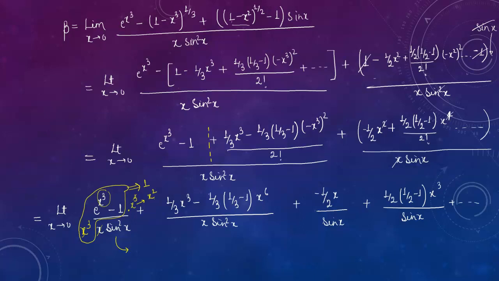So if we do it like this, 1 upon sine x by x of whole square, then this will also give 1 after applying limit x tends to 0. So this whole term is going to give me value as 1.